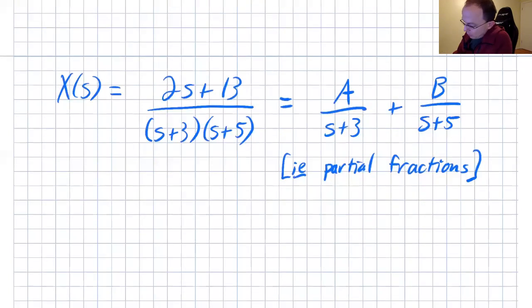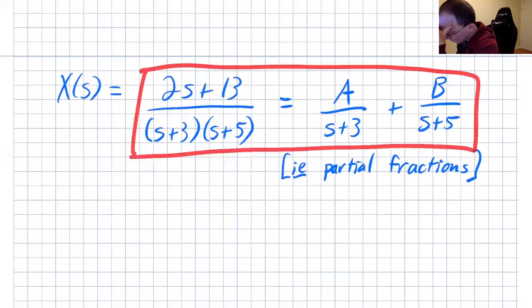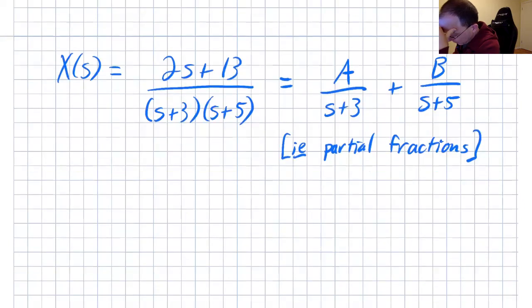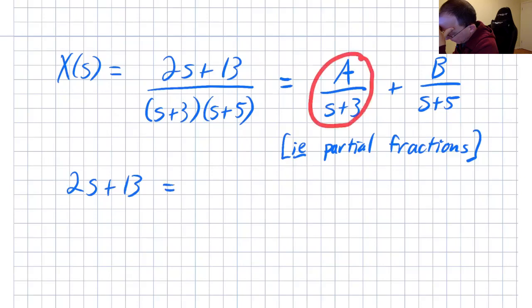Okay, so what's the technique of partial fractions? I'm going to take this equation and multiply both sides by this denominator, and that will get rid of it, so there won't be any fractions anymore. Multiplying both sides by the denominator, I get 2s plus 13 on the left, and on the right, this and this will cancel, and we're left with s plus 5.